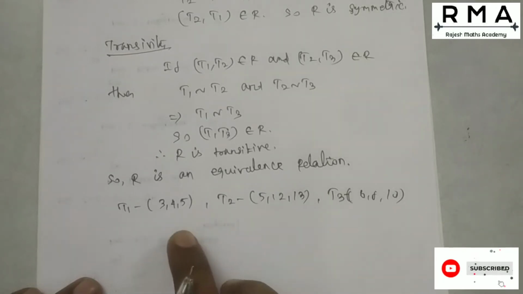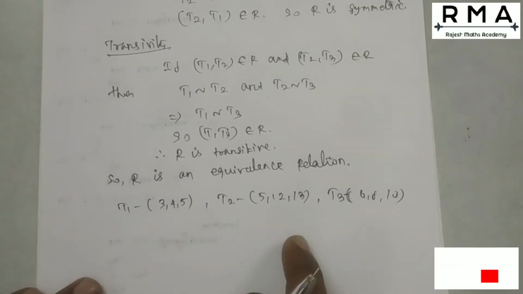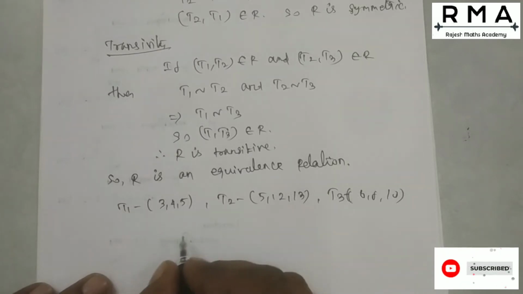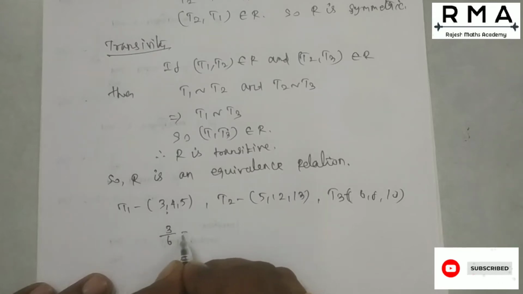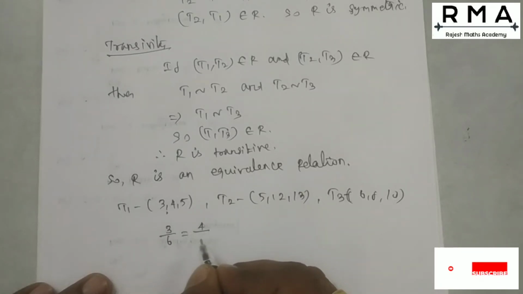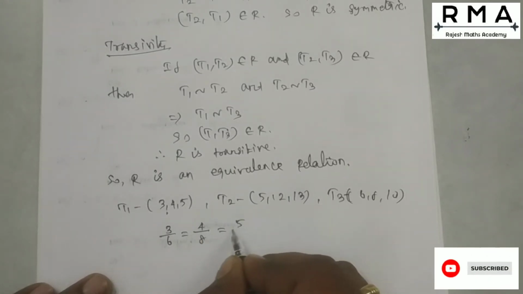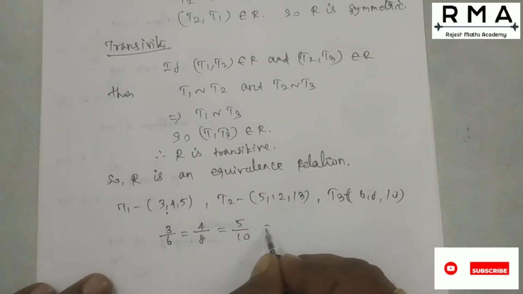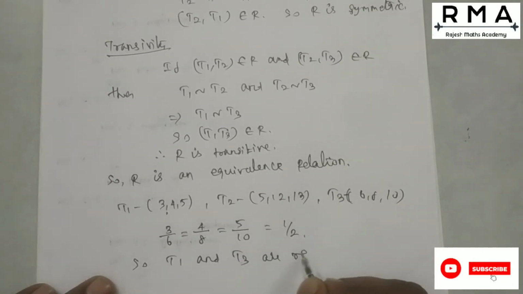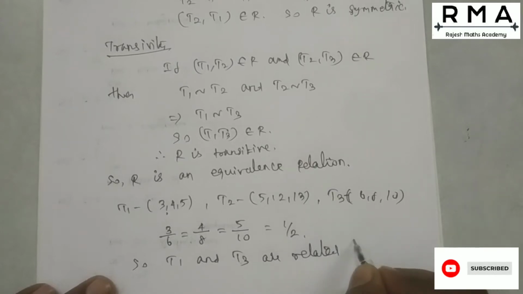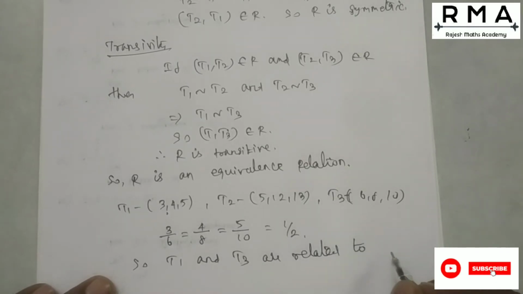Similar means their sides should be in proportion. So clearly we can observe that T1 and T3, because 3 by 6 equals 4 by 8 equals 5 by 10. If you cancel, we get 1 by 2. So I can write that T1 and T3 are related to each other.